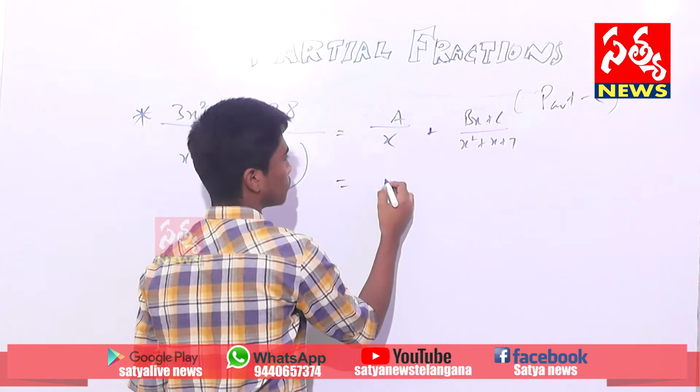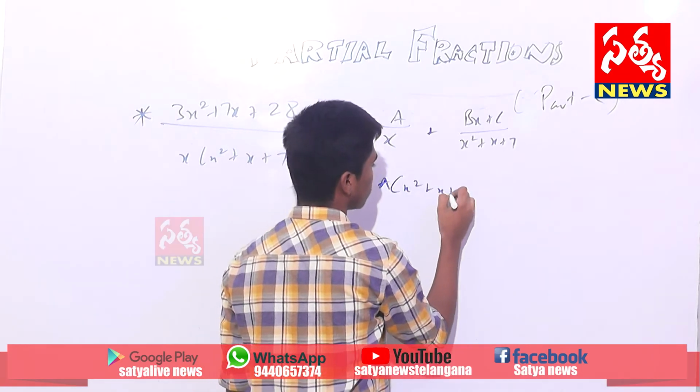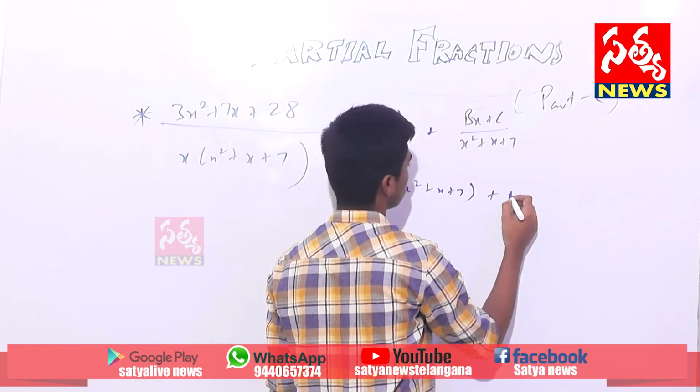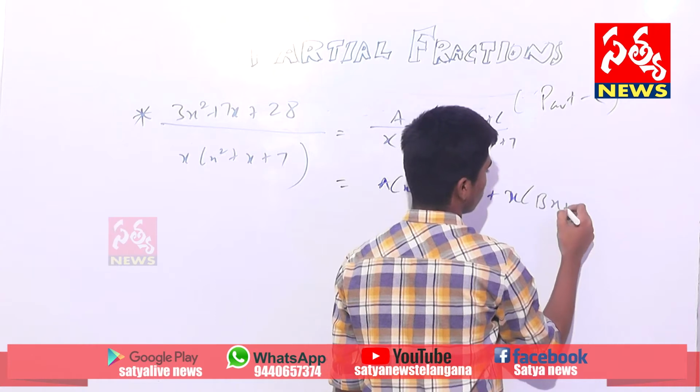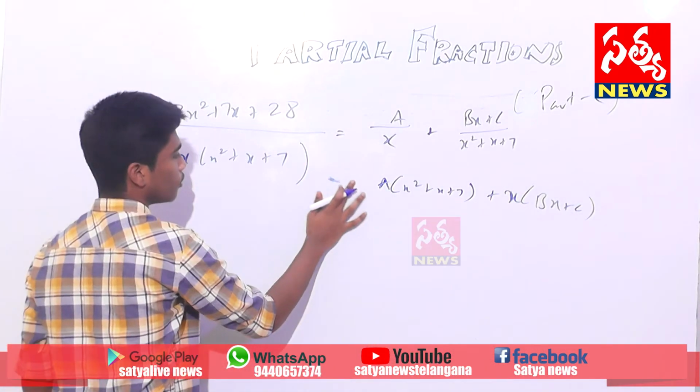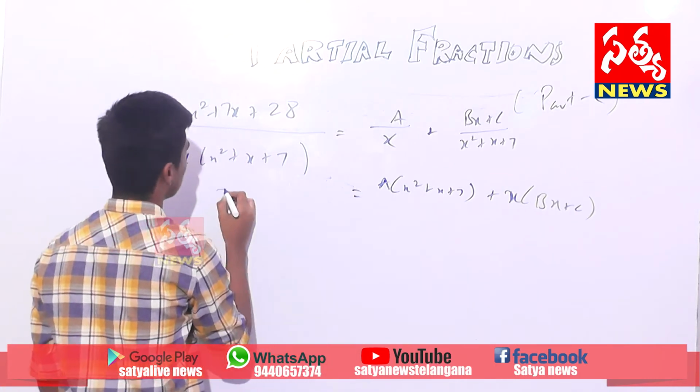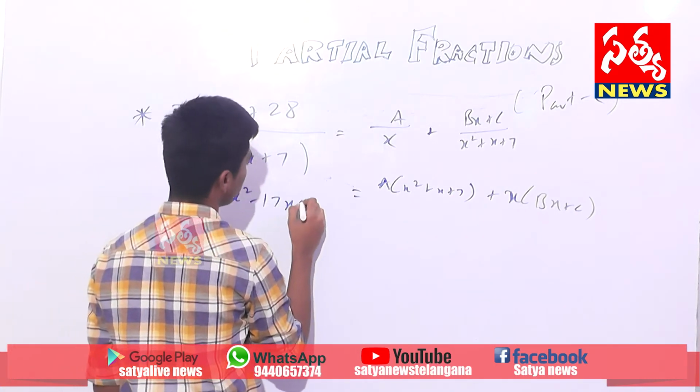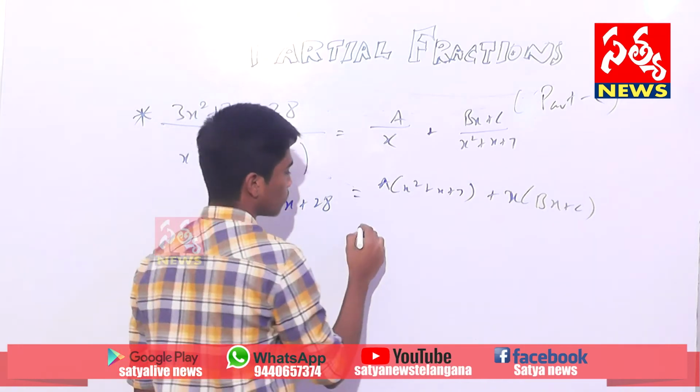Now solve it. A into x square plus x plus 7 plus x into Bx plus C is equal to, equating the numerator, right? 3x square minus 17x plus 28.